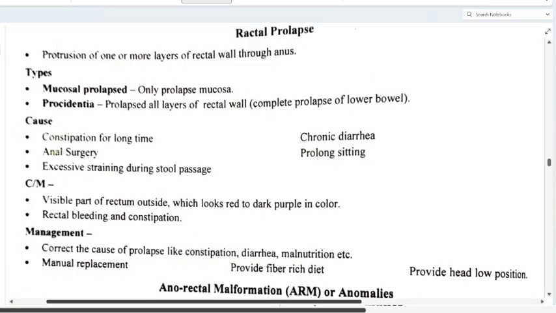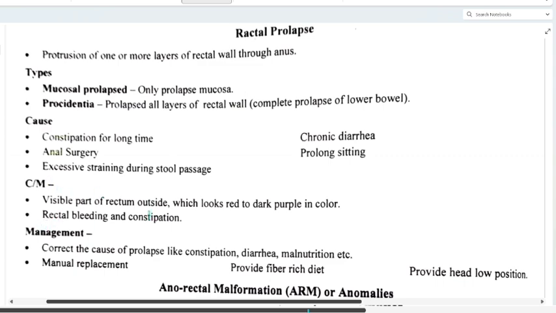Next is rectal prolapse. What is that? That is protrusion of one or more layers of rectal wall through the anus. Now coming to types, what are the types of rectal prolapse? That is mucosal prolapse, where only the mucosa prolapses. Then procidentia, what is that?